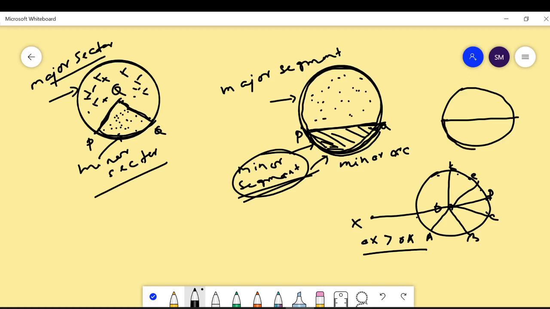Suppose AB is the diameter. The arc AB has its two end points at the two end points of the diameter. This means it is a semicircle, or half circle.